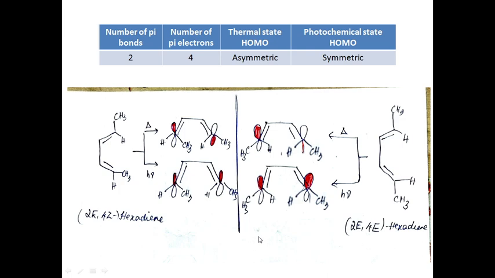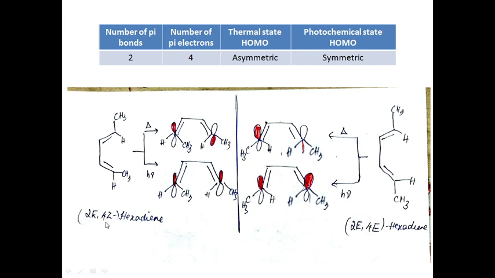Let us look at another example where you have 2 double bonds. The number of pi electrons are 4. Hence, the thermal state HOMO becomes asymmetric. Here you have thermal state HOMO asymmetric. Under photochemical state, it becomes symmetric like this.